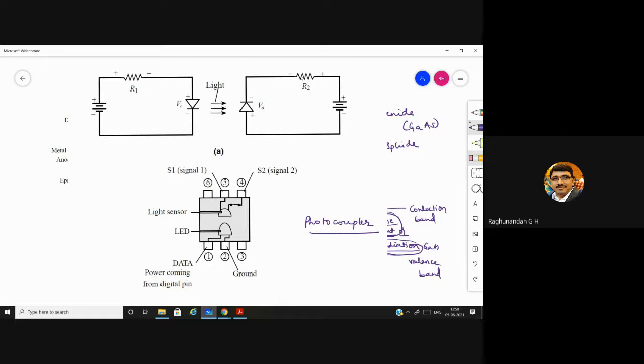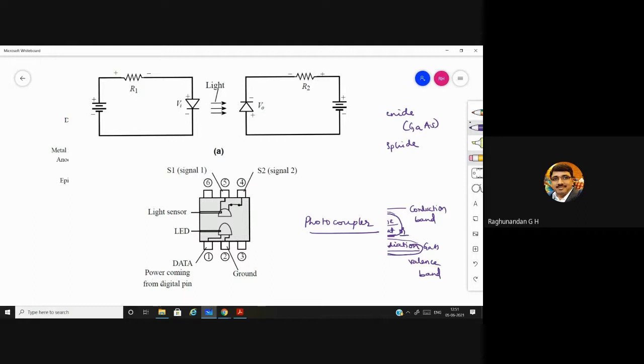This is the principle, but this is how we'll have it in our real-time application. You can see that there are 6-pin ICs present. The first pin is the data pin coming from the digital pin. Whatever data you need to transmit will be given to pin number 1, and pin number 2 will be connected to the ground, and 3 will be left as it is, and this is the LED.